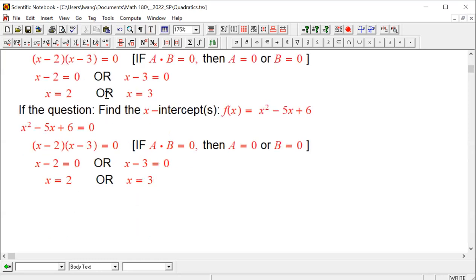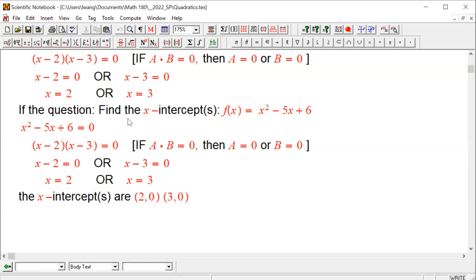Then you say the X-intercepts are, you have to tell the reader what the X-intercepts are. The X-intercepts are (2, 0) and (3, 0). You see, it depends on how the questions are asked.